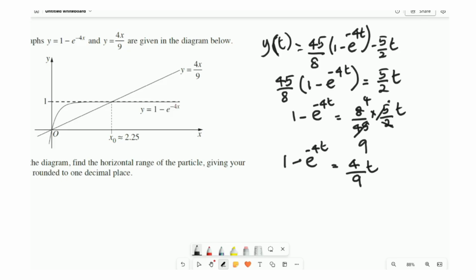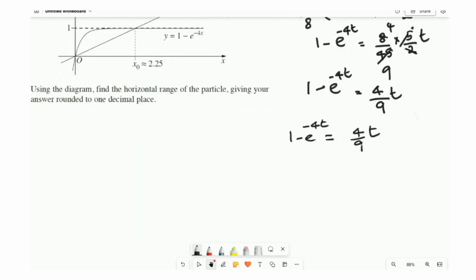So now this t is the time taken to land on the ground. Now we have to solve 1 minus e to the power minus 4t equals 4 over 9 t, that equation.